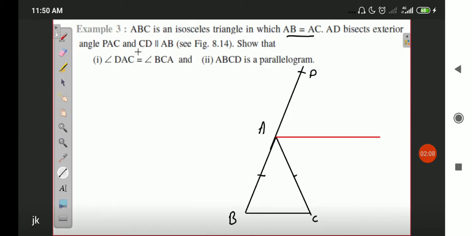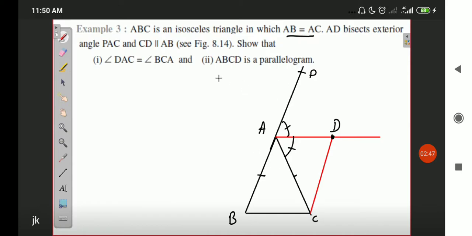And CD is parallel to AB. Length CD and AB are parallel like this. So this point will be D. This angle and this angle are both equal to each other because AD is the bisector of angle PAC. That means angle PAD and angle DAC are both equal and both are half of exterior angle PAC.